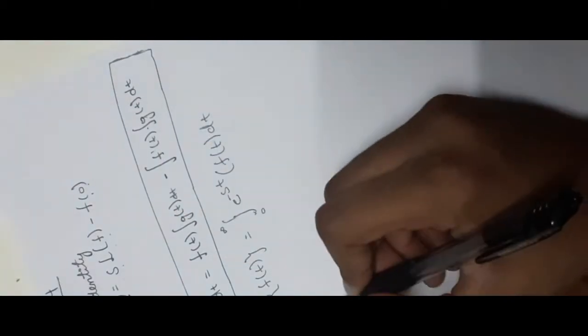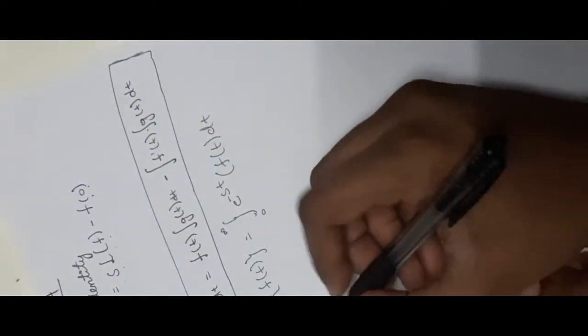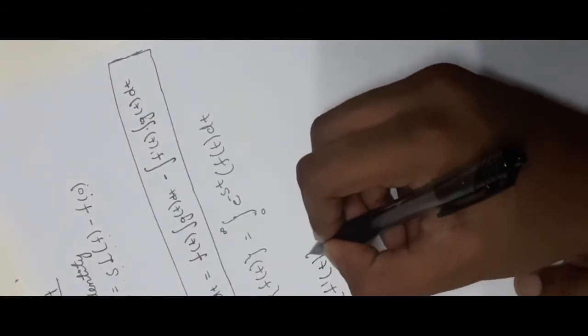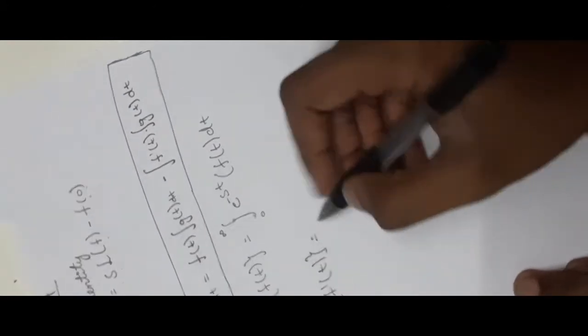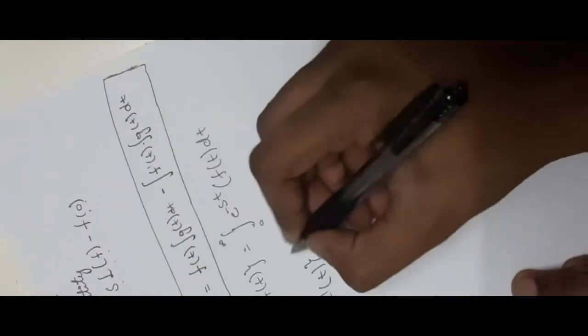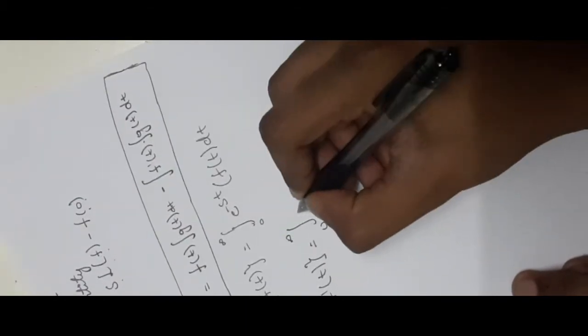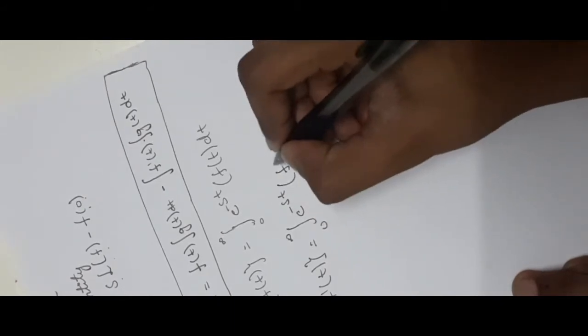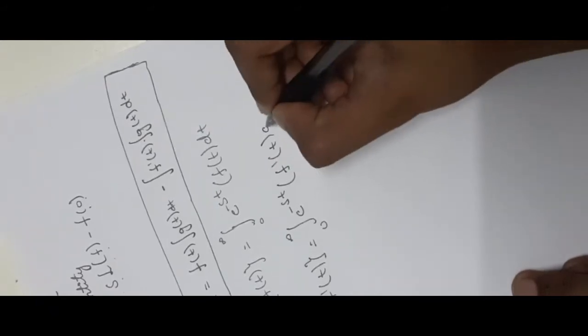Generally, I am taking the LHS, so I am going to write it first: Laplace of f dash of t. From the definition itself, we can write it as the integral from 0 to infinity of e to the power minus st into f dash of t dt.